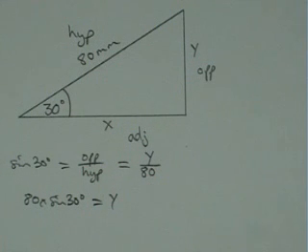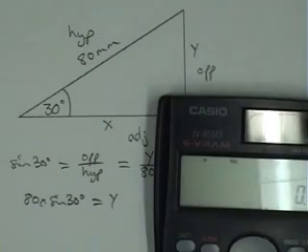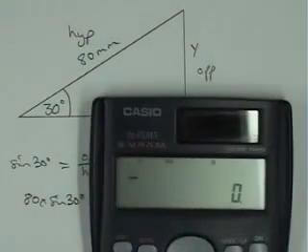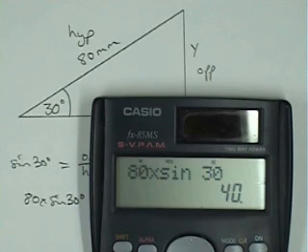And then of course I take my calculator and into my calculator I put 80 times the sine of 30 degrees, which gives me an answer of 40.